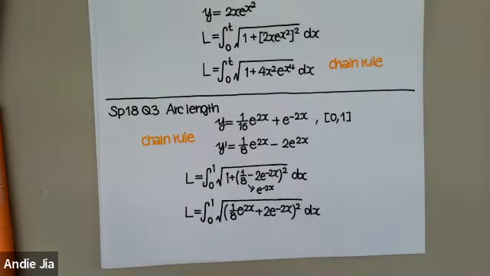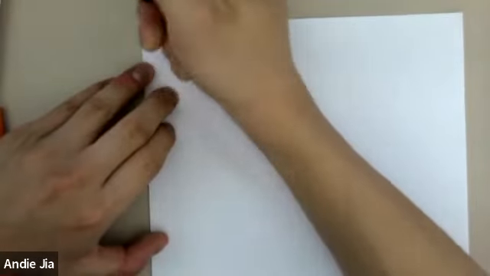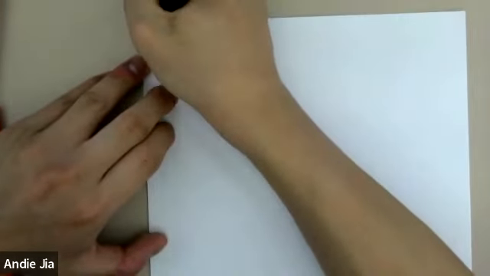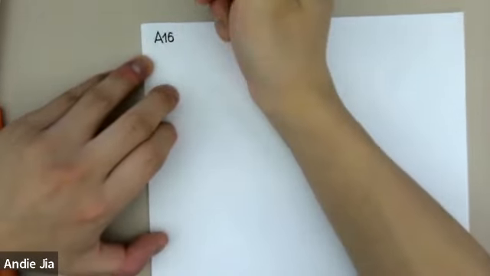So let's find another arc length. Not the graph one, but another. Okay, this is going to be Autumn 2016. The arc length is not in every quarter, so it's not a big concern.